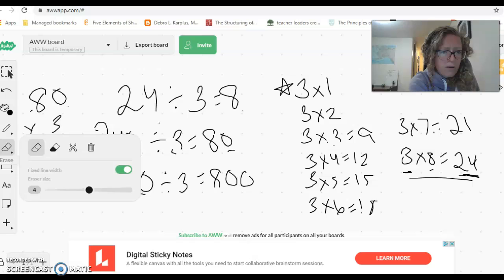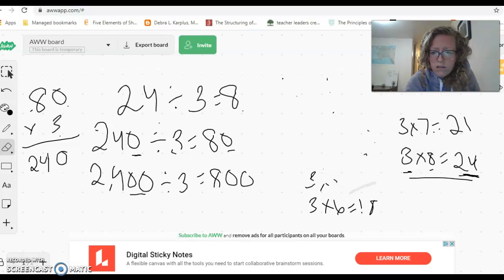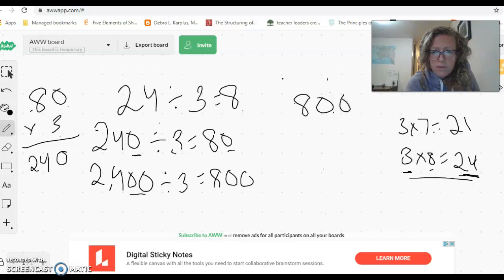I'm going to erase some of my work over on the side. Sorry, a little multiplication problems. Okay, I'm going to go 800 times 3.